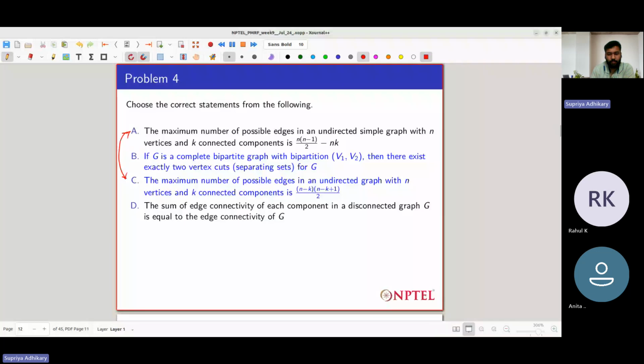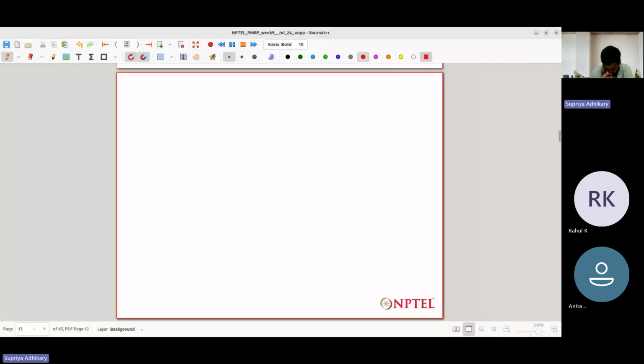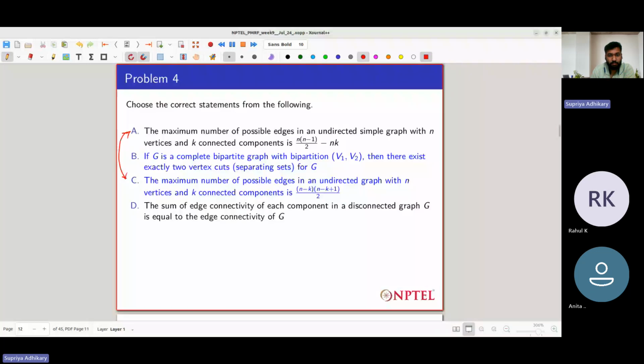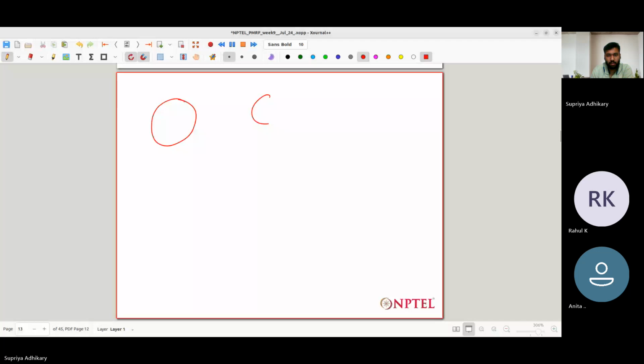Technically, first we will claim the maximum number of edges in an undirected graph with k connected components. So we just have to find a graph with k many connected components. This can be like this.